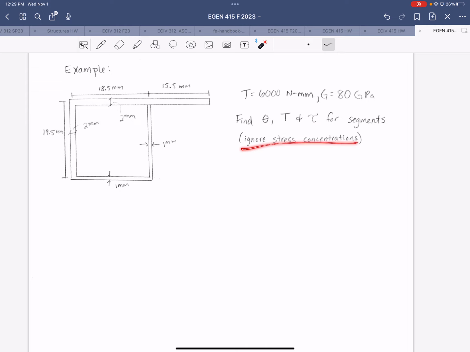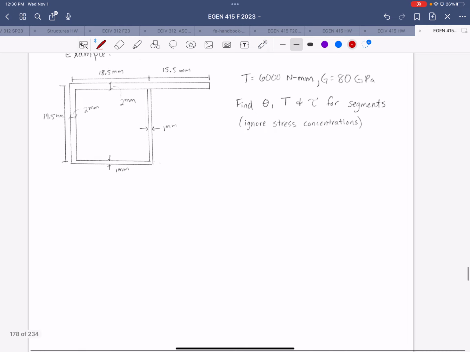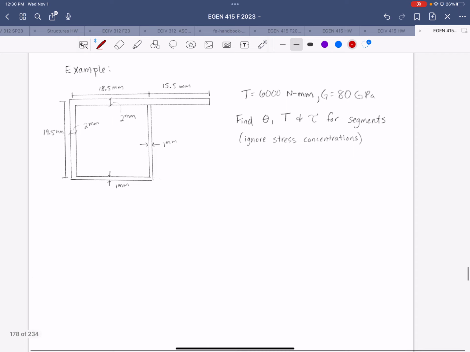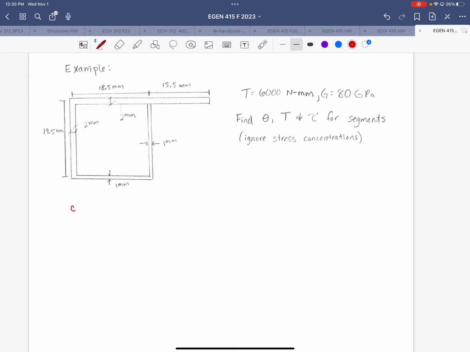We're asked to ignore stress concentrations, which would occur at corners and intersections. So we're just going to ignore that and keep it simple for ourselves. First, let's consider the closed portion. In order to do that, we need to calculate the area within the median line, that AM value.